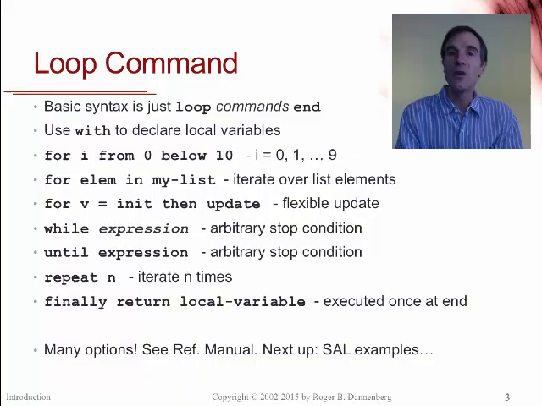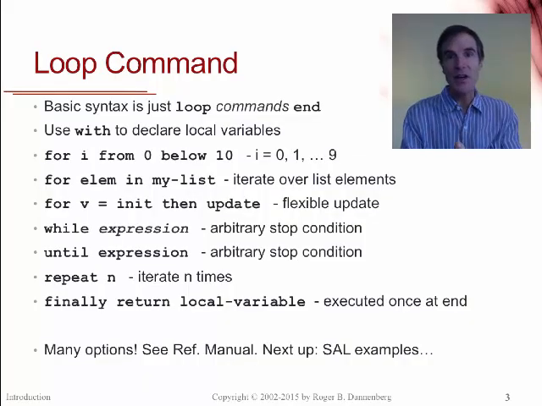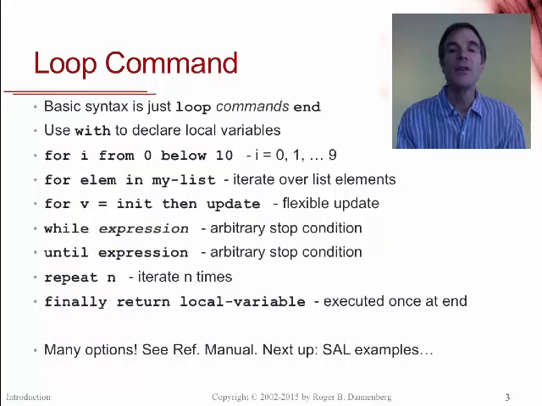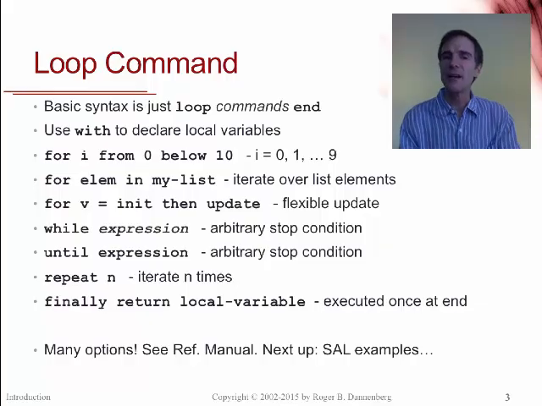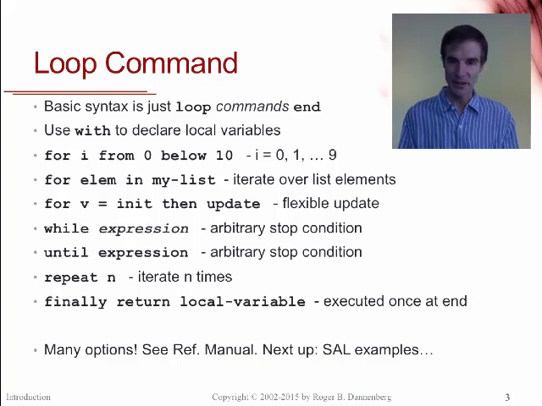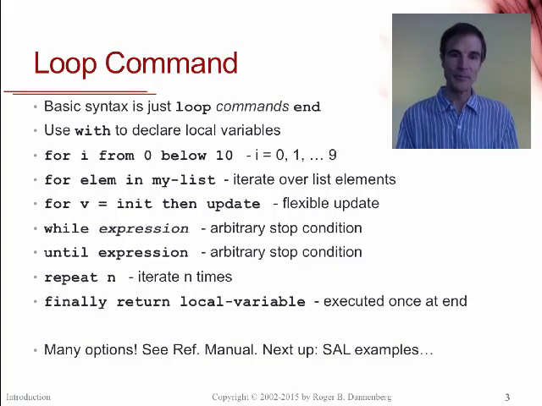You can iterate over a list of elements. We haven't even talked about lists, but we'll get there. So you can say for element in some list. You can do a more flexible iteration by saying for some variable equals an initialization expression, and then every other time through the loop, run an update expression to compute the new value for the variable.